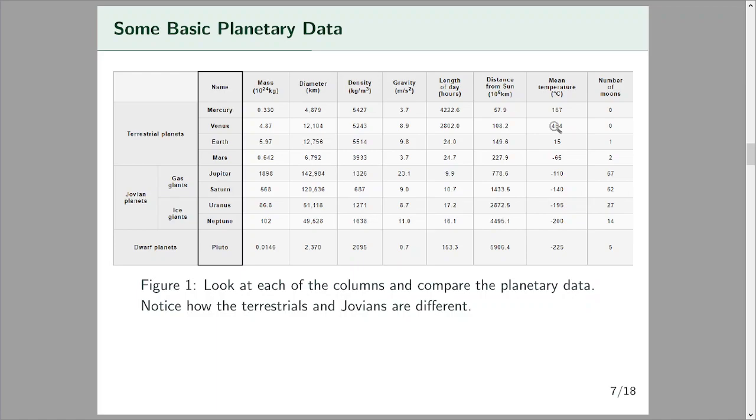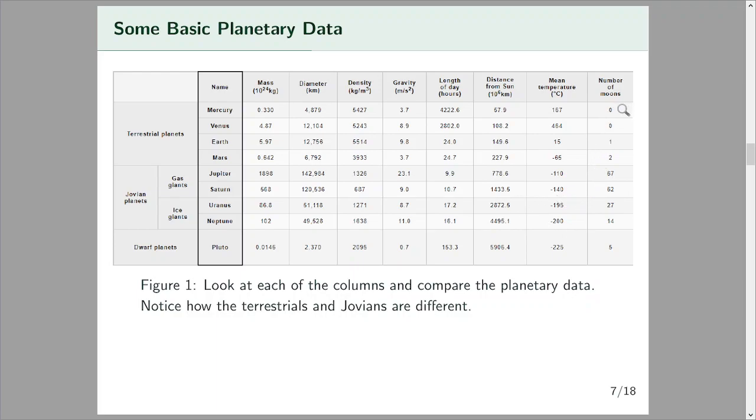The reason for that is because Venus has a very thick atmosphere. It's got about 100 times the atmospheric pressure Earth has. And Mercury has no atmosphere, so the heat easily escapes from Mercury, but it doesn't escape from Venus. Earth is about 15. Notice we get colder and colder as we get farther from the sun. Right? That has some significance for the composition of these planets.